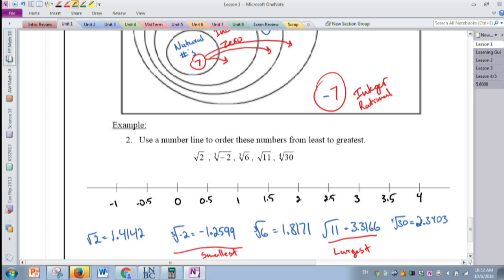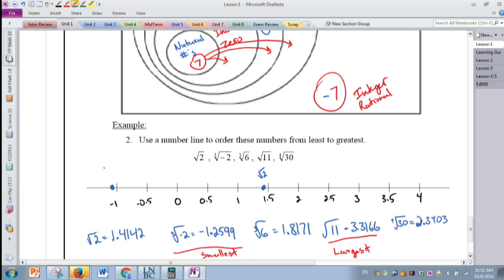So the first one here, I have the square root of 2 is 1.41. So this is 1.5. Just before 1.5 is going to be 1.4. And that's where the square root of 2 is going to be found. The next one I have is negative 1.25. So that's going to be about here, just past negative 1.